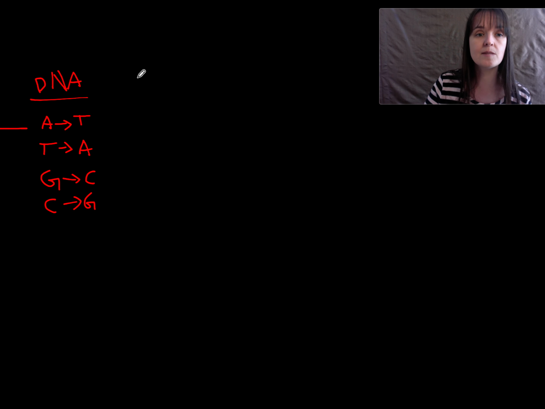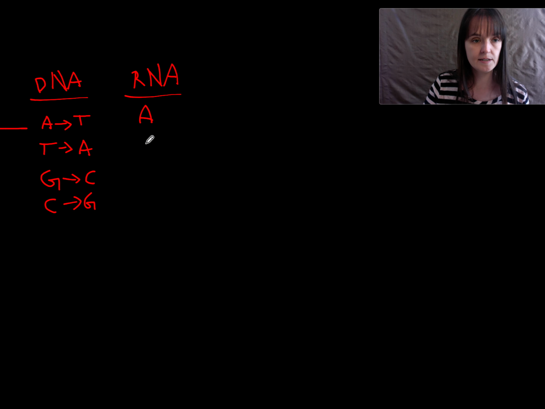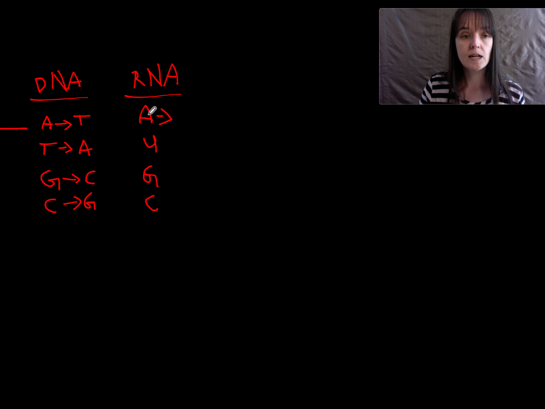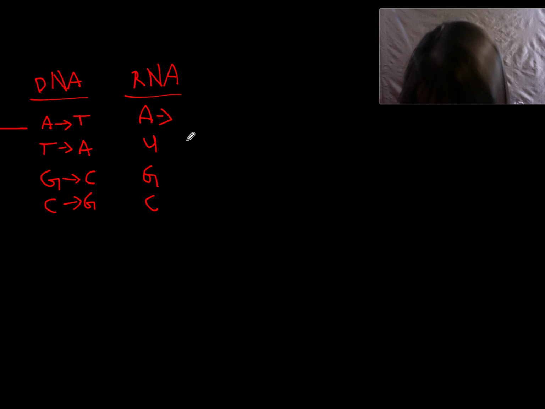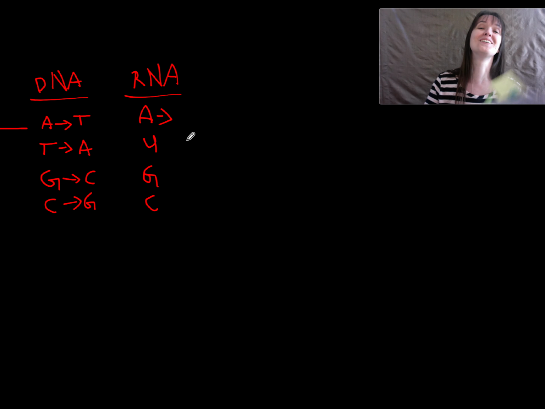All right, so now let's talk about RNA rules. All right, so we've got adenine, uracil, because remember there's no thymine in RNA, guanine, and cytosine. So in RNA, there's no thymine, so what goes here?